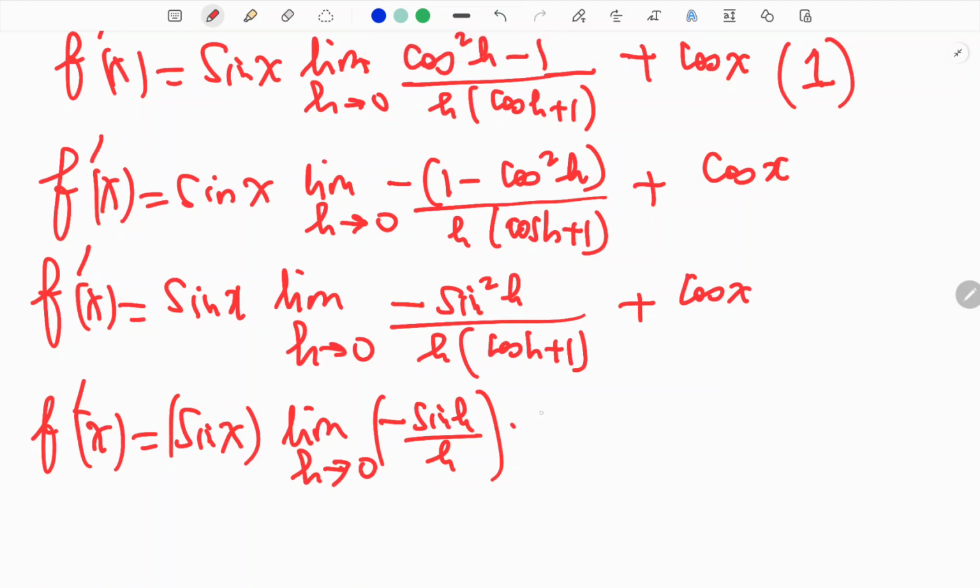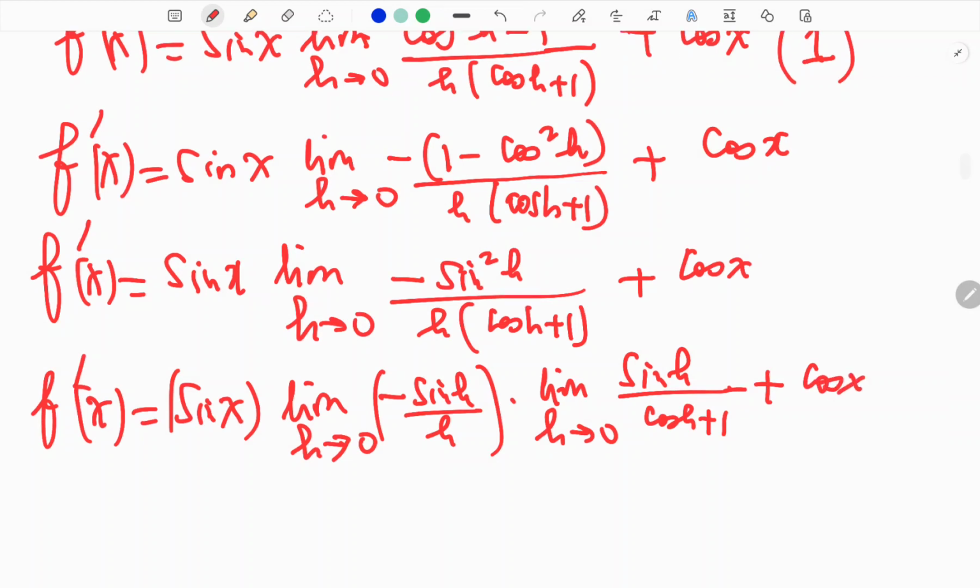There's another sine that is going to appear on the other side. So you can break these down to the limit as h tends to 0 of the sine of h over cosine h plus 1 plus cosine x, like this.